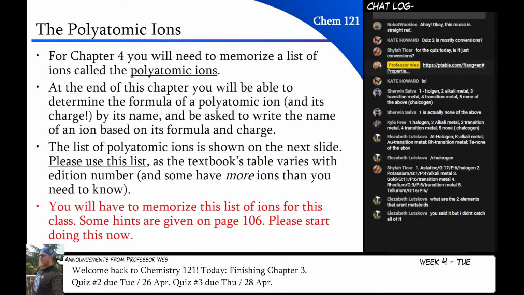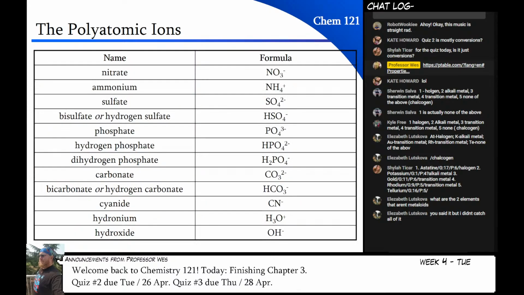So write down somewhere in your notes, second slide of chapter 4, and have these ions available to you, either for when you need them or to commit to memory, because you are going to use these all the time in biology. When we get to biology 211 and they say phosphate buffer, you're going to need to know what phosphate is, and that's this right here.